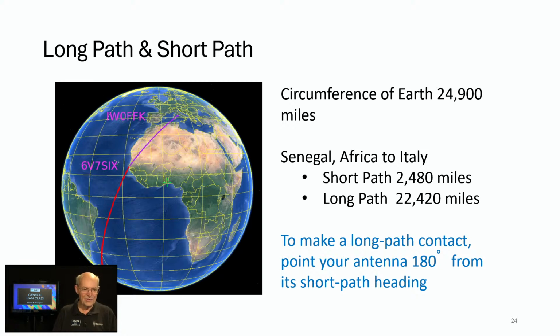So if you're up to 339 DX confirmed, and you get that 340th, you're jumping up and down. But these tricks of doing long path and some of the other things we'll share will become more important to you as you advance in your ham radio career.